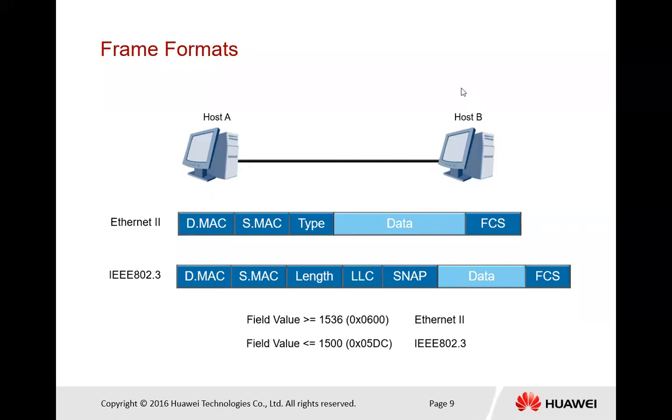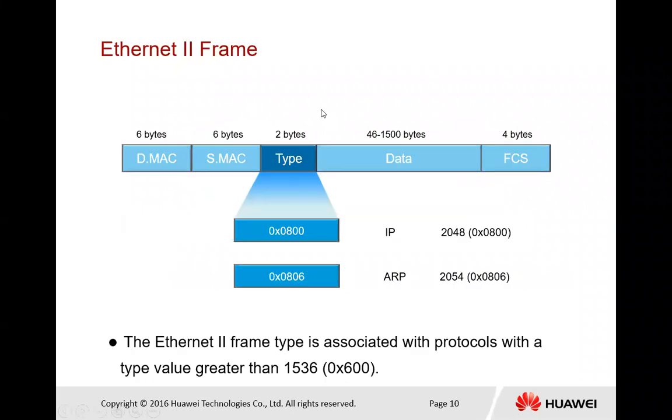So, after the frame format, we have the Ethernet 2 frame. Now each frame will be explained in depth. We have the first field, the destination MAC address.